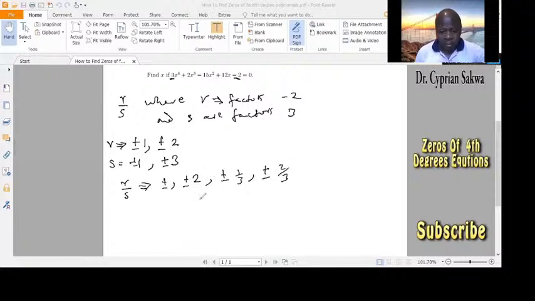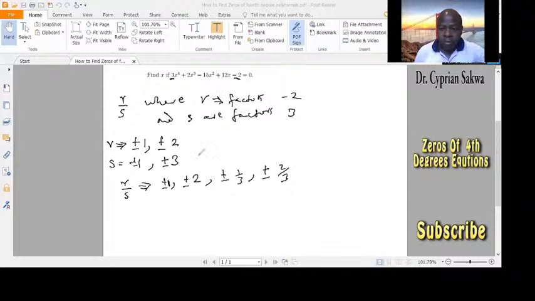So what do I mean at this point? What I mean is that if this equation can be factorized, then one of its roots must be this. Either positive or negative 1 is a root, or positive or negative 2 is a root, or positive or negative 1/3 is a root, or positive or negative 2/3 is a root.